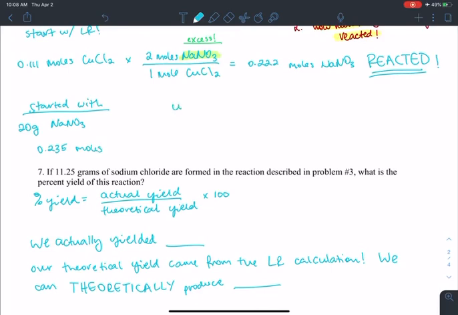We used 0.222 moles, which we just solved there. So to figure out how much is left over, we need to take the difference, which is equal to about 0.013 moles left over.